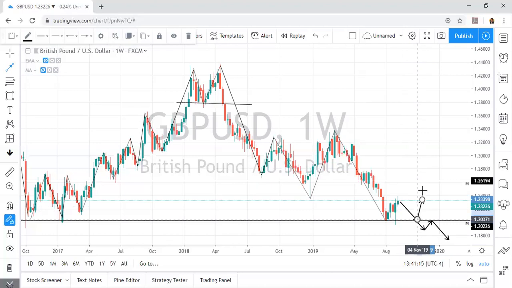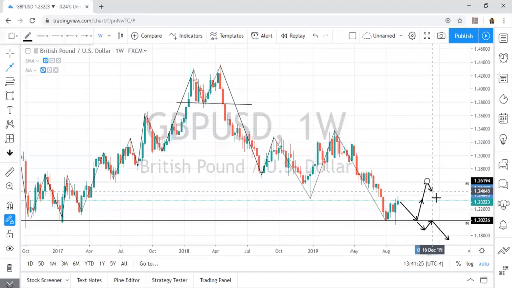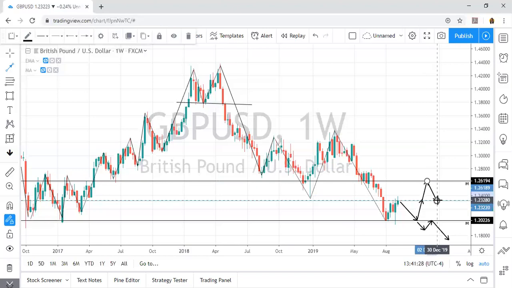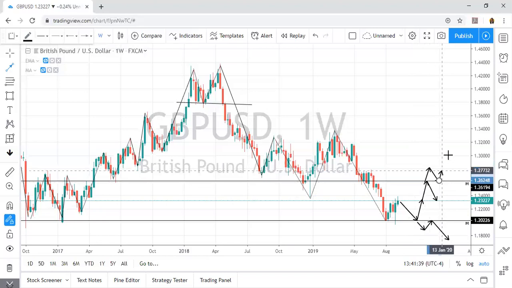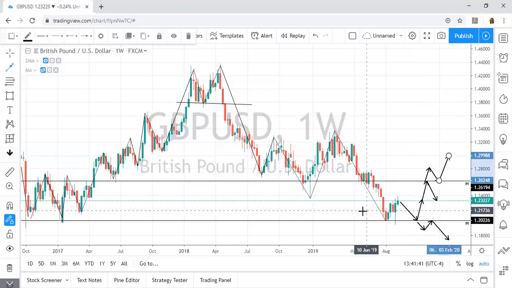And then it can just simply go into this range to this resistance. It can either come back down and do something as such, or it can close above it, give us a retest, and continue. Okay, so there's multiple ways that we can expect movement.